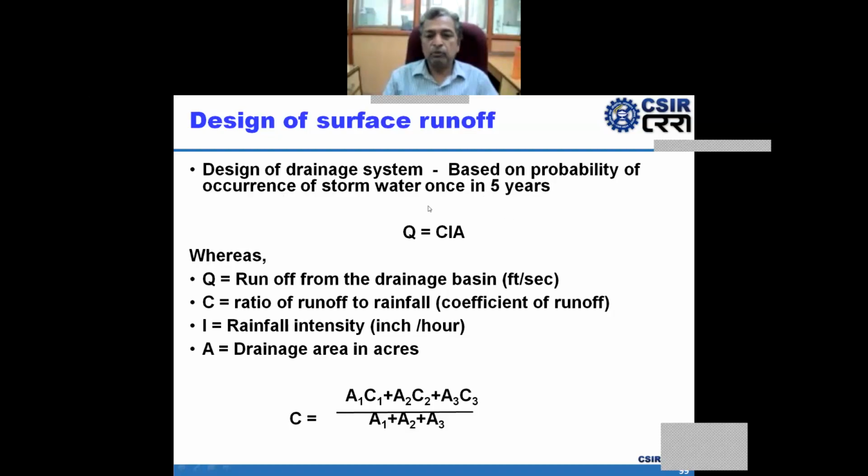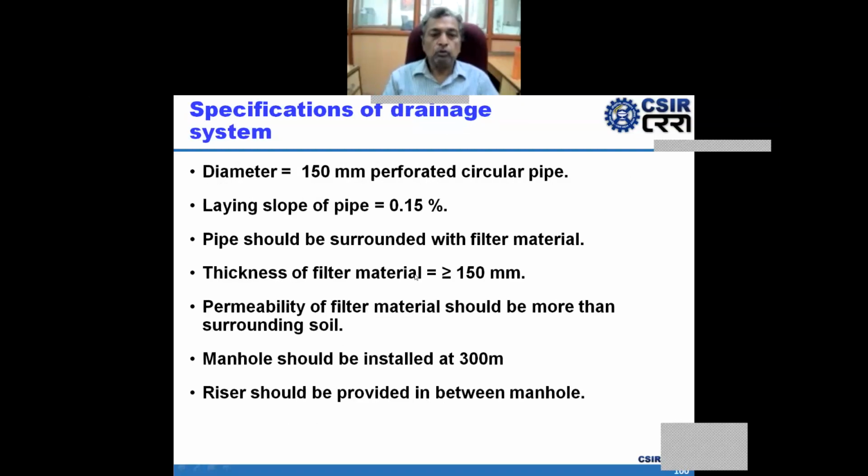We have to use this equation, and we have to estimate this. So here, these are the parameters which were adopted at Calicut Airport.